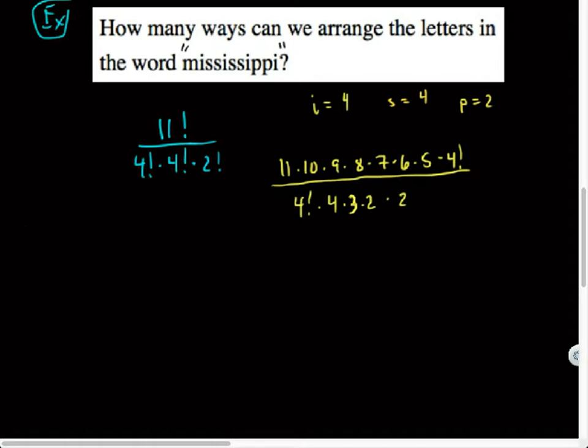So watch my Fruit Ninja skills on this. Let's see how good I can pair things up to eliminate them. The 4 factorials cancel out. I see a 3 times 2, that's 6. And 4 and 2 would cancel out nicely with my 8 up here. So my answer comes from 11 times 10 times 9 times 7 times 5.